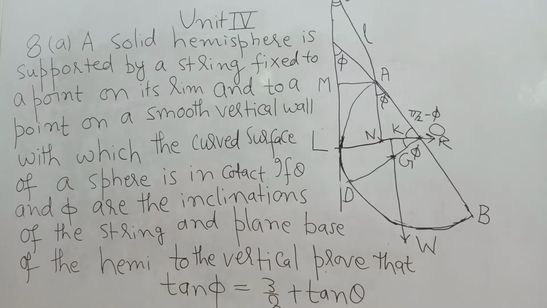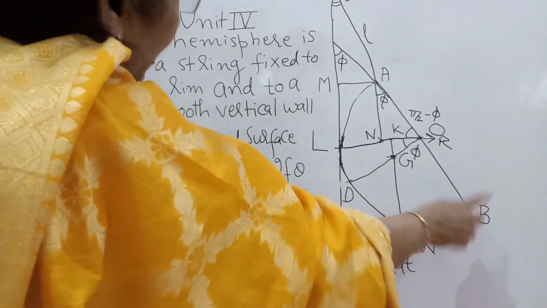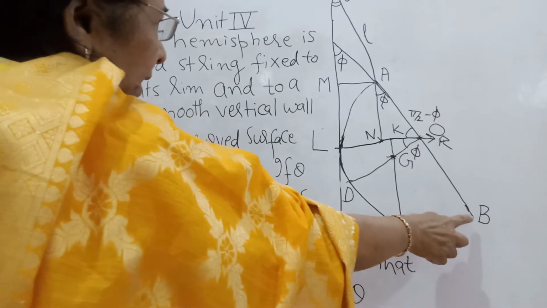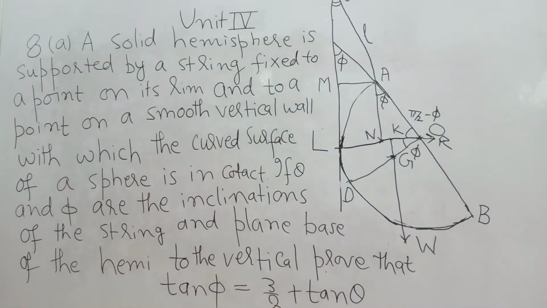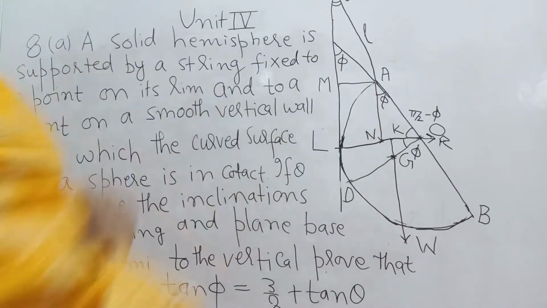Now, what is this question? This is a problem from virtual work done. Problem says a solid hemisphere is supported by a string fixed to a point on its rim. So you have a solid hemisphere given, and this is the rim of the solid hemisphere. Now this end is supported by a string.